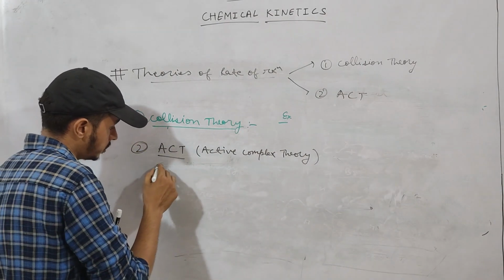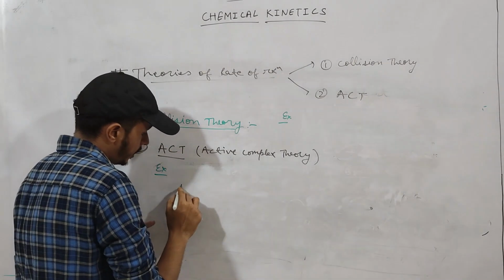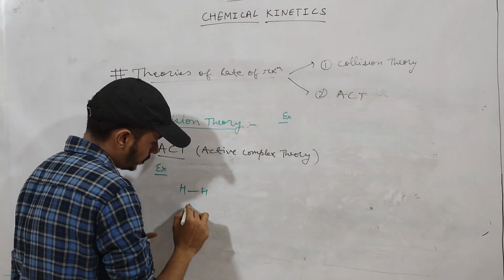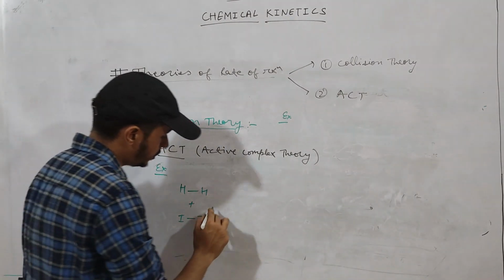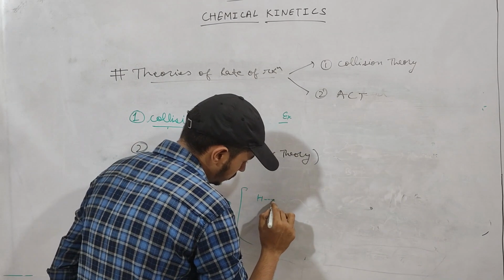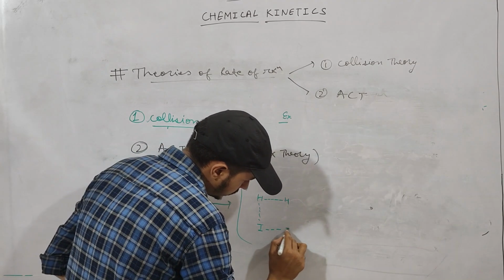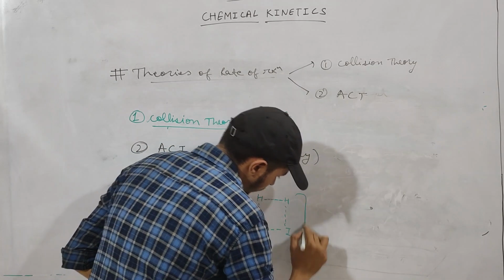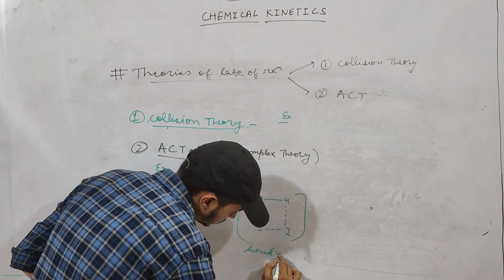Let's take an example. See that when H2 reacts with I2, an intermediate which is also called activated complex will be formed. The bonds will break partially. This is called the activated complex.